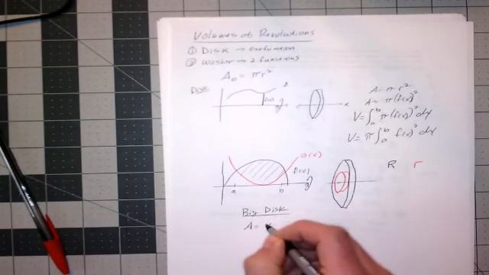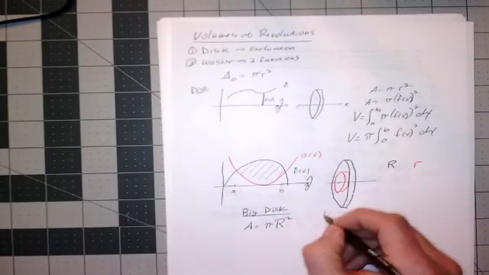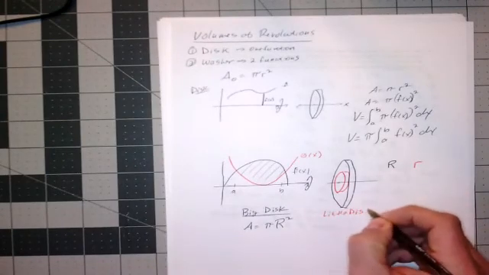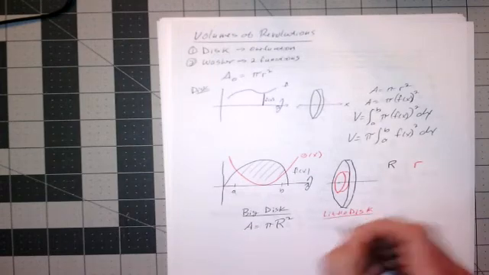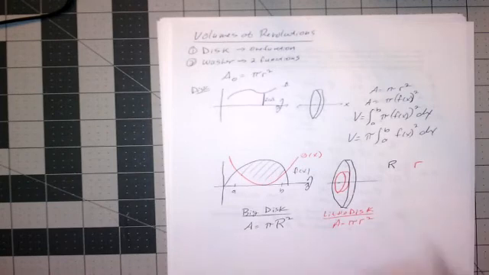Area is pi big R squared. You have the little disk. Area is pi little r squared. Okay. So you can just do the difference between these two.